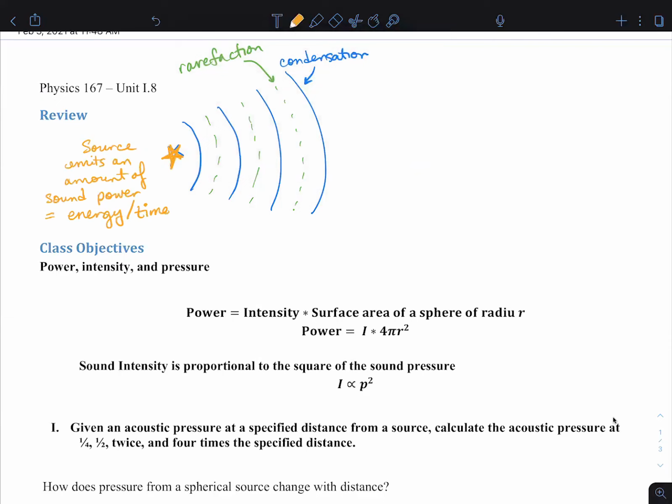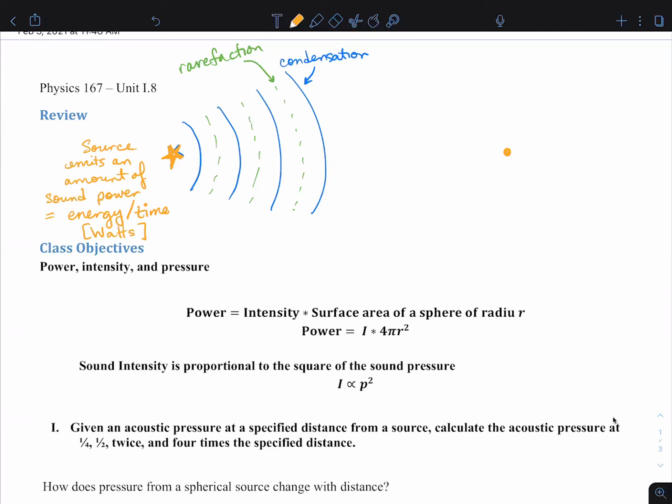If you buy a loudspeaker, it might be a 50-watt loudspeaker, or a 100-watt loudspeaker, and that tells you how much energy per unit time it can put out. Once that wave leaves, that 50-watt wave gets spread out over bigger and bigger spheres, essentially.